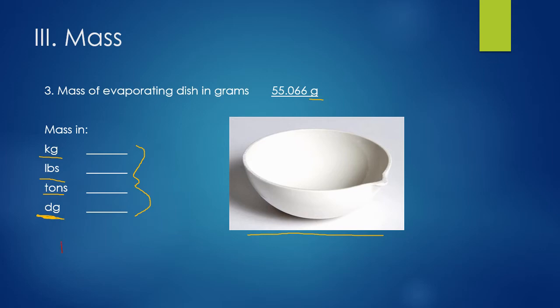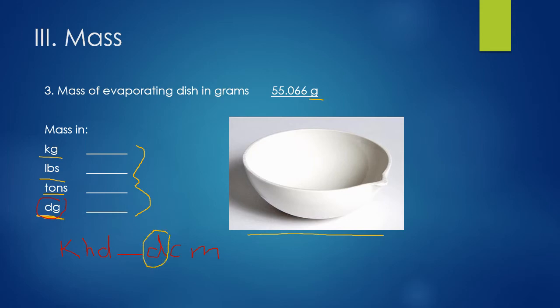Let me show you on that scale that we used for metric. So it's King Henry, I forgot the H, let me erase that. King Henry died, space, drinking chocolate milk. So this DG, deci, is this D right here.